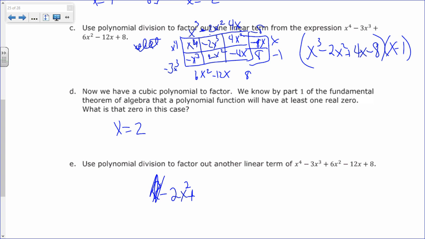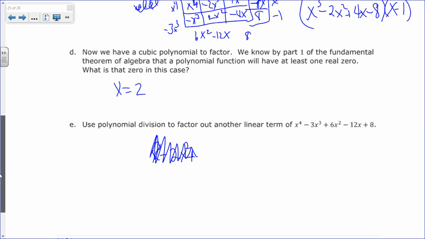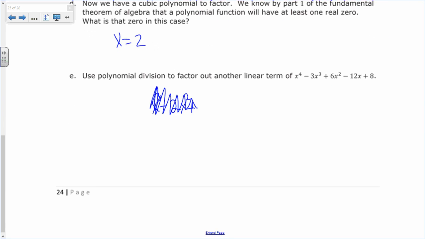Actually no, I'm going back to the original. So x minus 2, this time I'll do long division, x to the 4th minus 3x cubed plus 6x squared minus 12x plus 8.